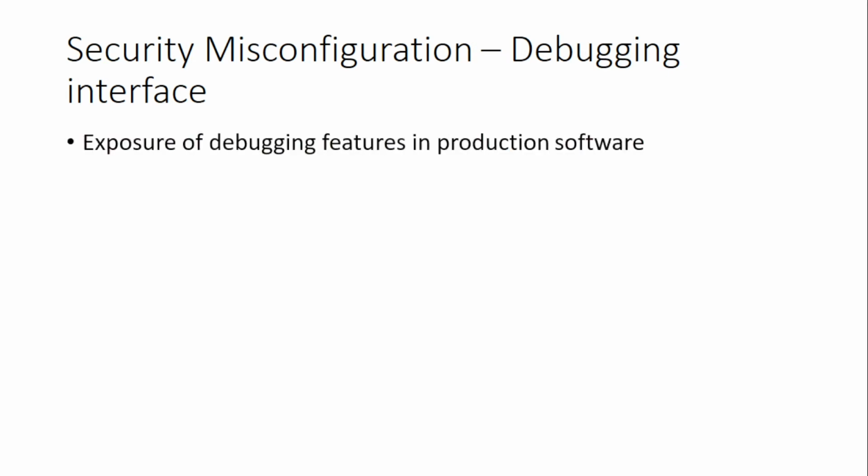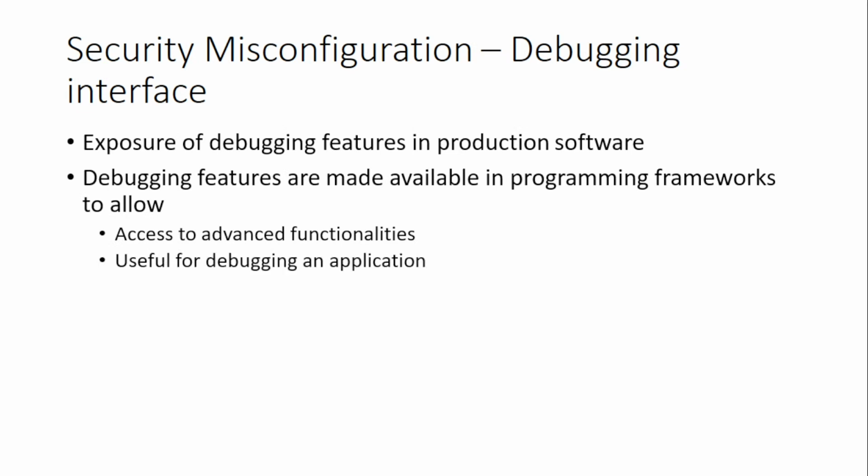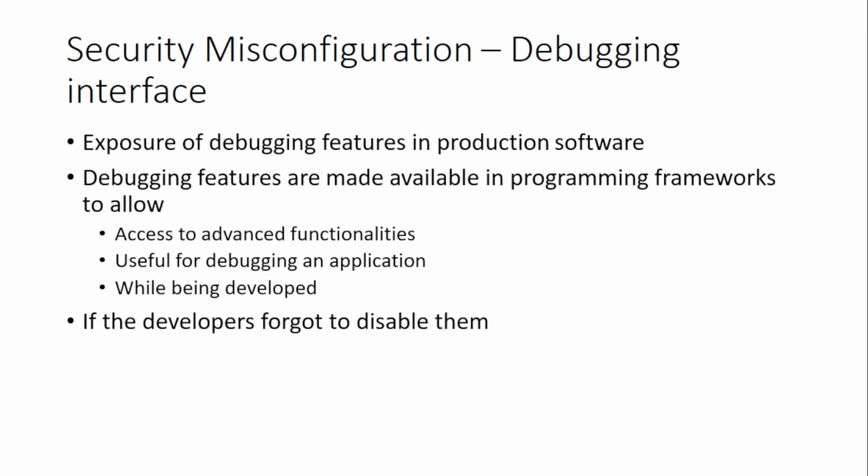Exposure of these types of debugging interfaces in production software is a common security misconfiguration. Debugging features are made available in programming frameworks to give us access to advanced functionalities useful for debugging an application while it is being developed. And if the developers forget to disable them, attackers could abuse them.